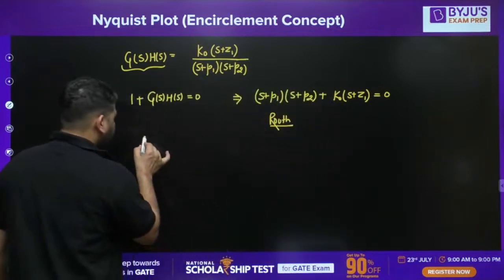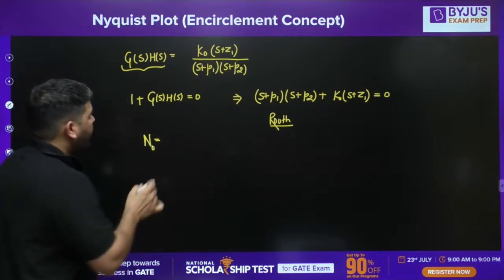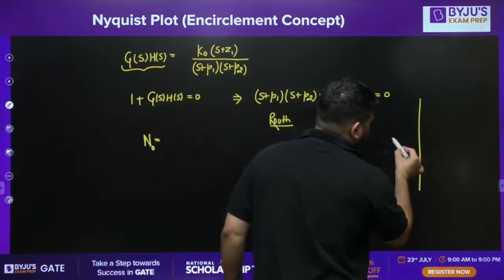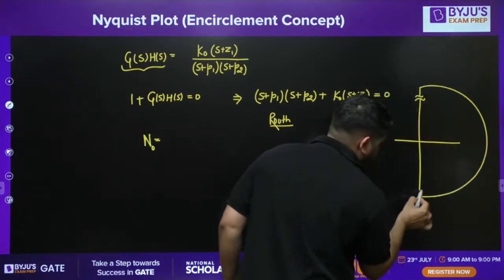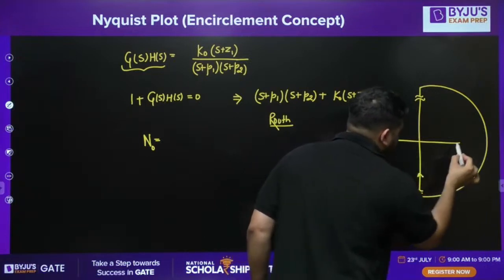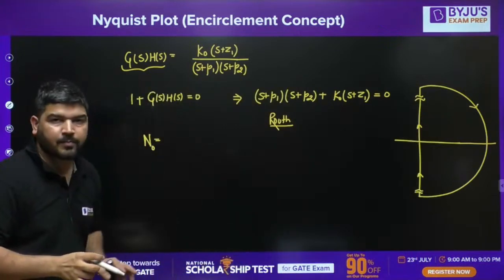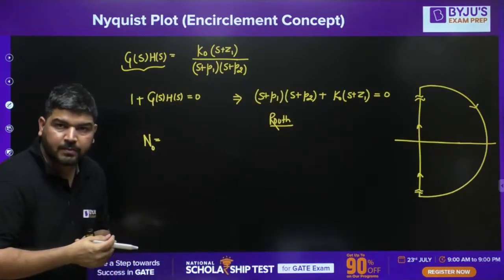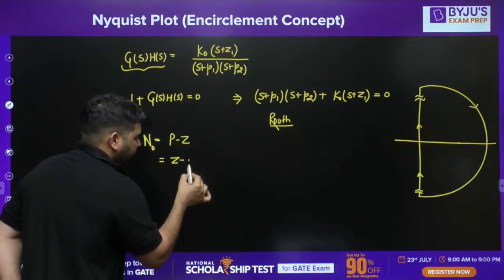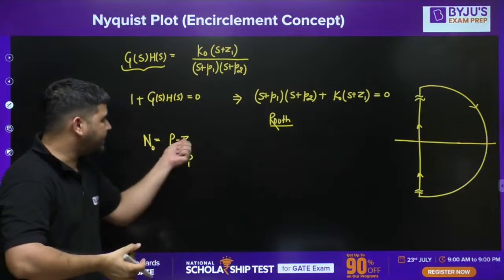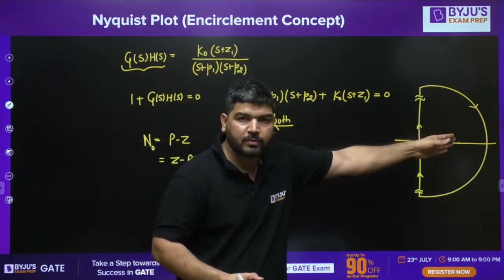We know that for the number of encirclements of origin, if you are mapping this S-plane contour into G(s)H(s), then the encirclement of origin will be P minus Z or Z minus P. Now this P and Z are the poles and zeros of G(s)H(s) inside this S-plane contour.